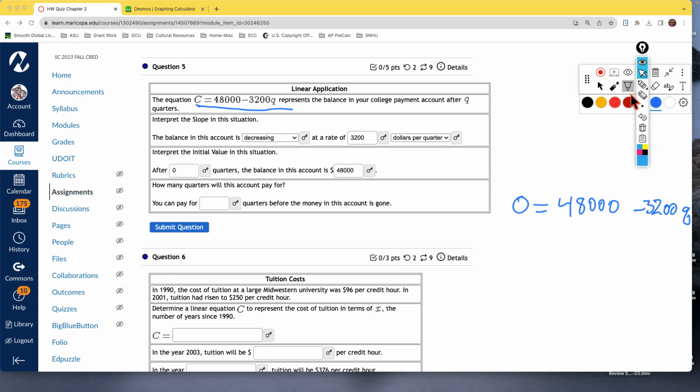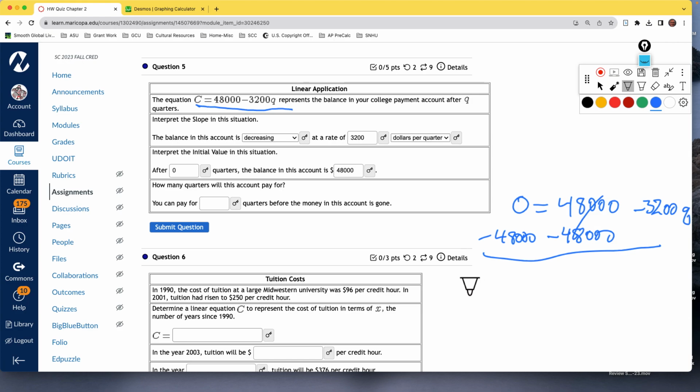Subtract 48,000. Very good. So we'll subtract the 48,000 from both sides. This cancels out there. So we get negative 48,000 equals negative 3,200 per quarter. And then what do we do to get the Q by itself?